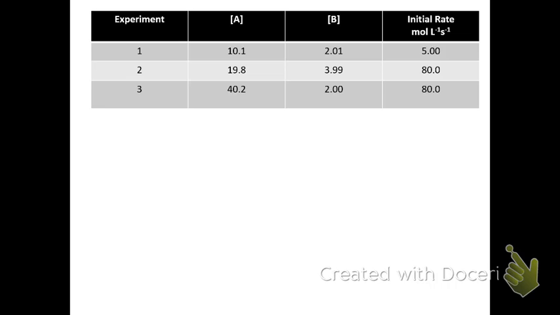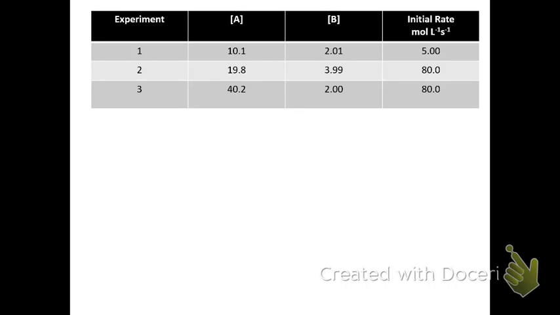I'll show you the ugly algebraic method after this one. So we have A, B, and the initial rates. When I look at this one, I'm going to find 2 experiments where one concentration stays about the same.